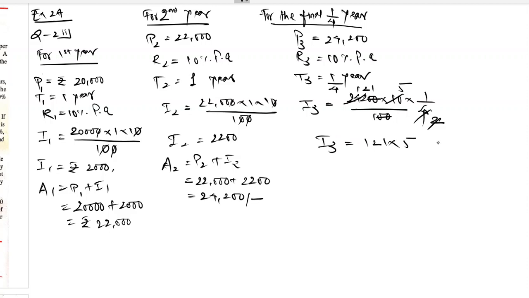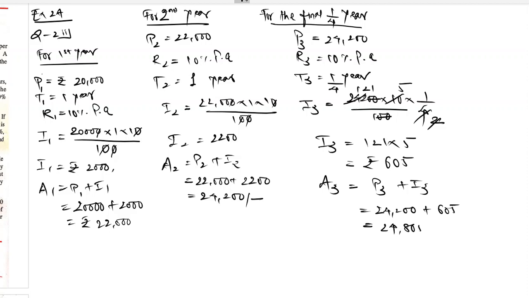Okay, so 120 fives are 600, 121 fives are 605, rupees 605. So A3 final amount will be P3 plus I3, which is 24,200 plus 605, which is 24,805.